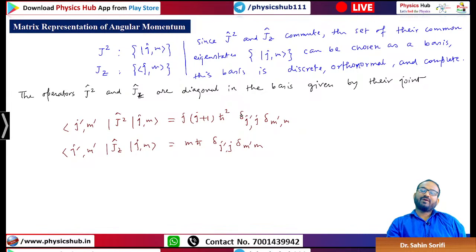This term will be 1 only when j' is equal to j and m' is equal to m. So what does it mean? If j' equals j and m' equals m, that means it is diagonal, right?